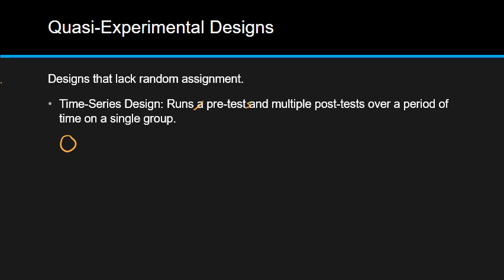So you might have just a variable group again. You might still lack a control group, but you have pre-test, treatment, post-test, post-test.